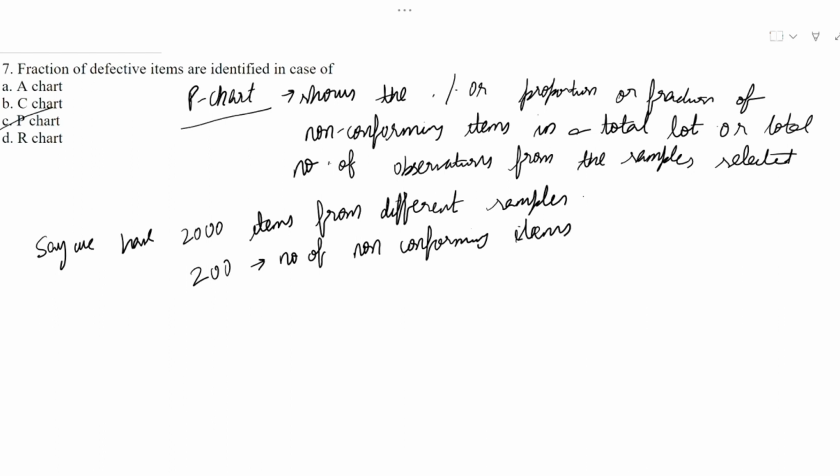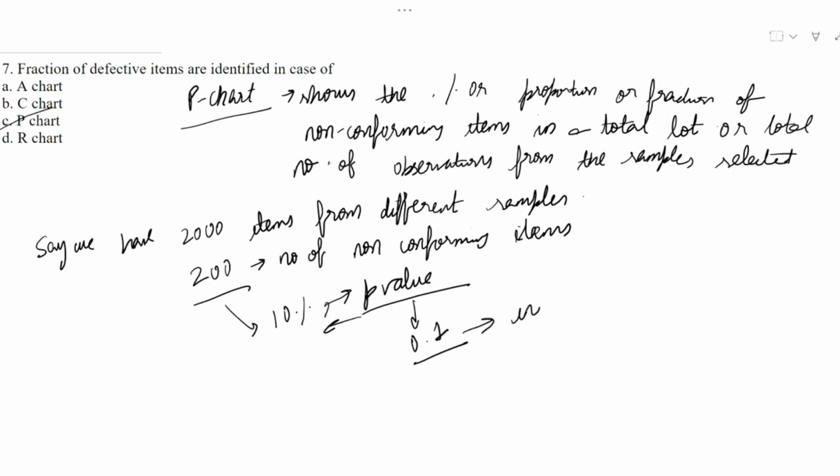So the fraction will be 10%, that is the p value will be 10%. The p value is 10%, that is 0.1.